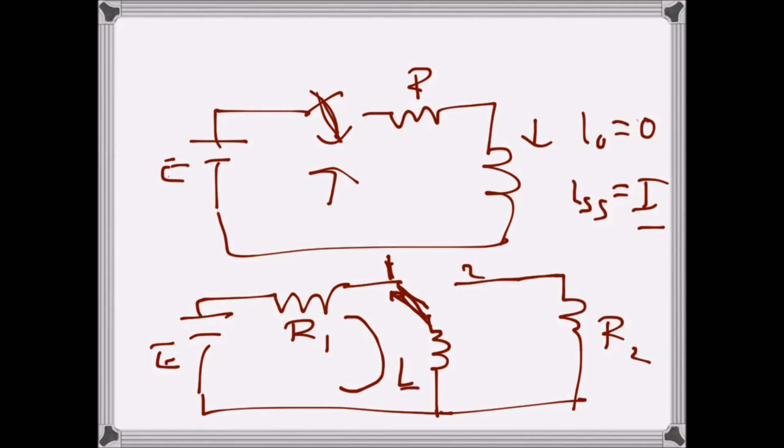Now when this switch is taken to position 2, the situation we have is like this. Now there is no source, and the inductive current, which was flowing in this direction, will keep flowing in the same direction and will decay.